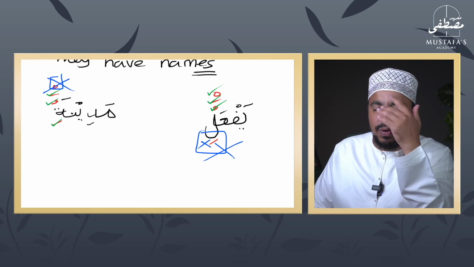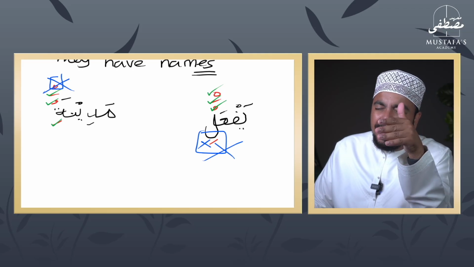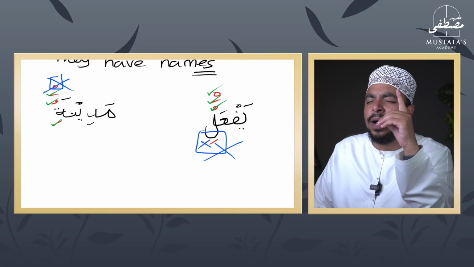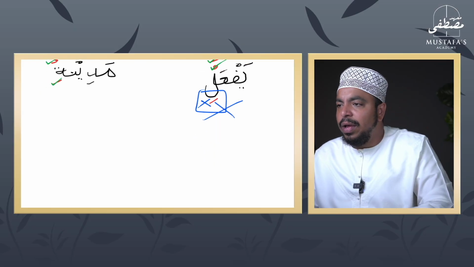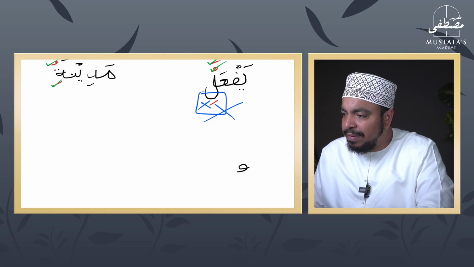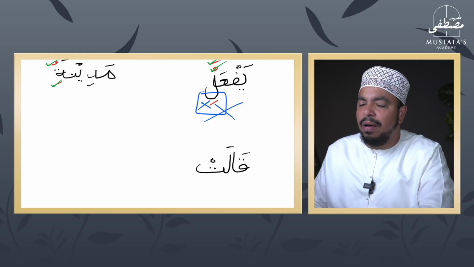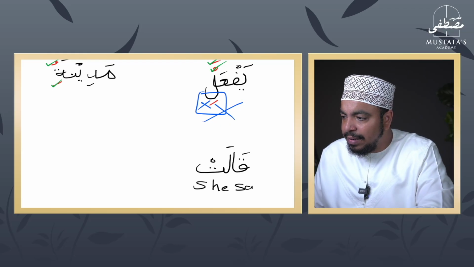Lakin then you might say, but Ustad, sometimes I see in the Quran that a verb at the end ended with a sukun, but that sukun changed to a kasra. For example, if you have a word such as qalat, qalat means she said.